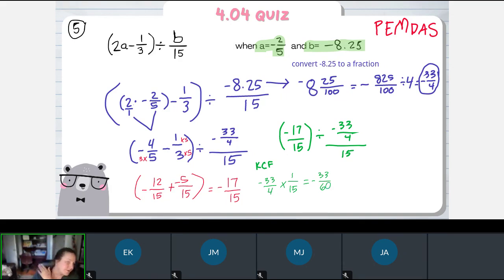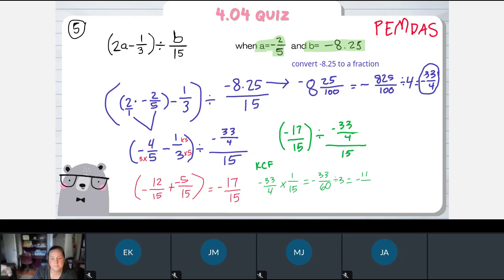What can we divide 33 and 60 by to simplify? Good, Cruz. Yes, 3. So let's divide both of those by 3. And 33 divided by 3 is 11. What is 60 divided by 3? 20.